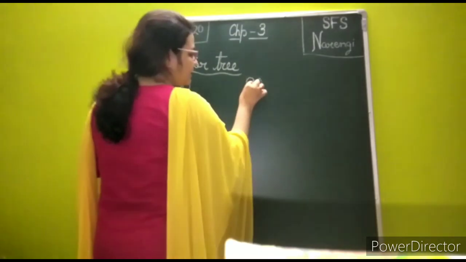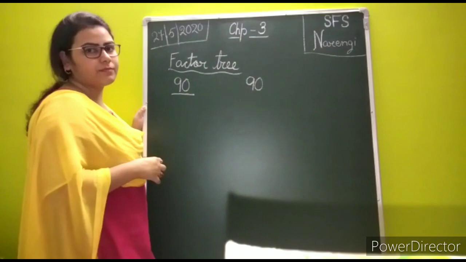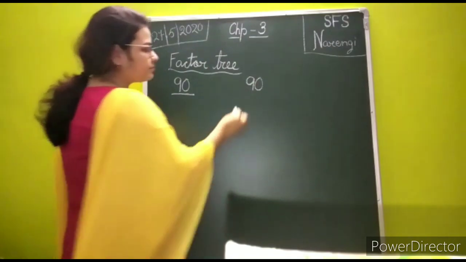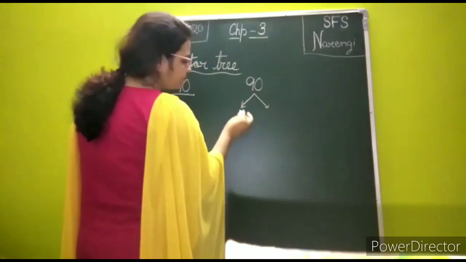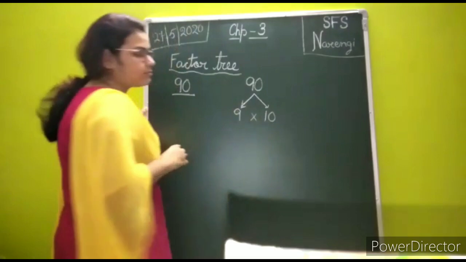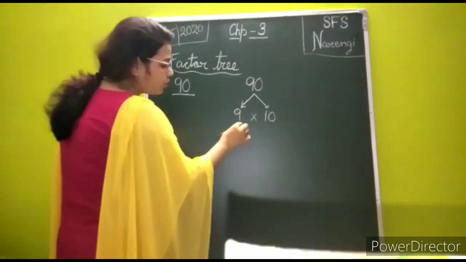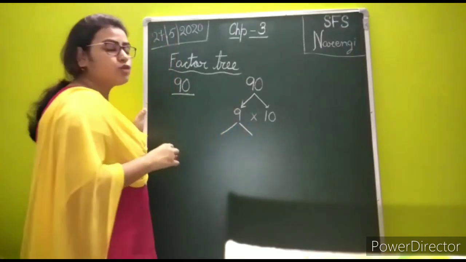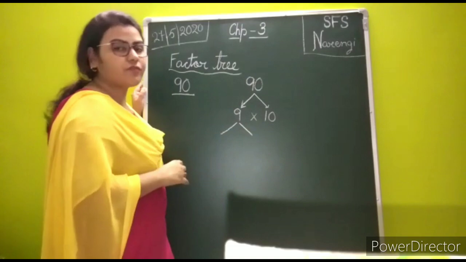So, what are we going to do? We have taken 90. Now, which are the two easiest factors of 90? 9 10s are 90. So, these two are the factors or not? 9 into 10. Now, tell me two factors of 9.